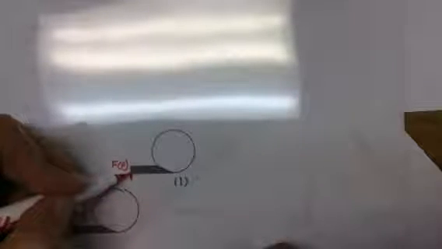And a vector is just a line segment, but it has something extra to it. It has a direction. So this would be the vector that would define the translation that we're doing.